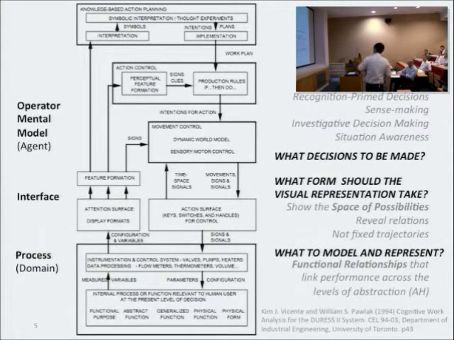So in terms of some of the work that these people are doing, they want to be able to support that level of reasoning as well as the lower level of control. So you need to find ways to represent the rest of the ecology of that workspace, so that people can say, look, there's something else happening over here that I can see and I can fix.